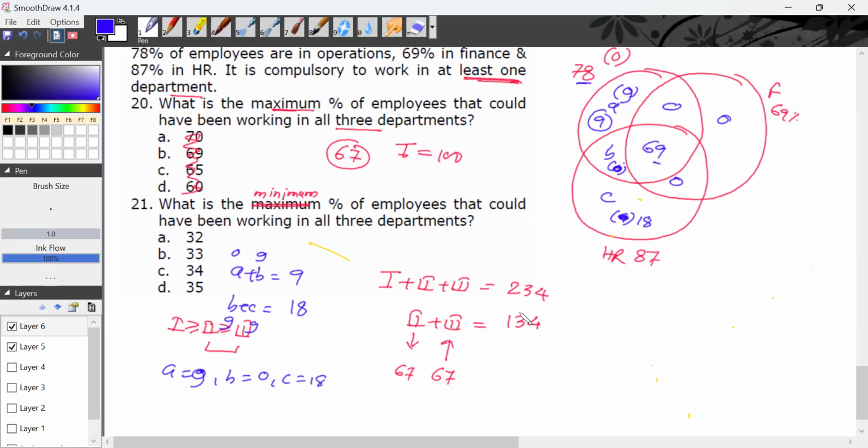It will never reach 100. And this is the extreme which we can take because the overlapping portion we are taking 0. This is standalone, this is standalone. So the more the values are in standalone or exactly 1, the more the union is. So this is the maximum union we can get if I take 69 here. That is the reason 69 is not the right answer. 67 is the right answer.